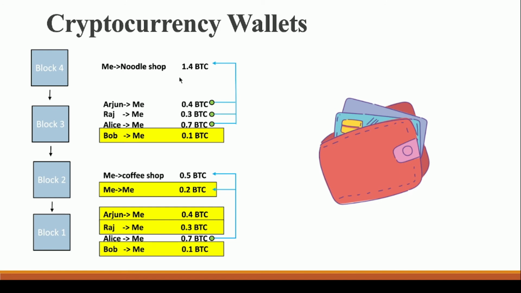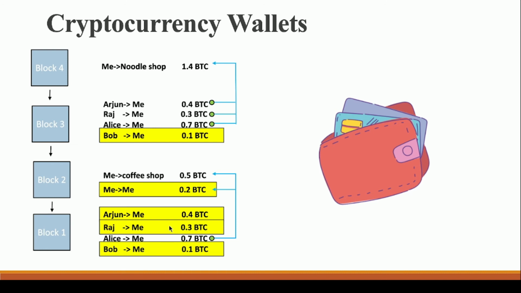Now, let us see how cryptocurrency wallets actually work, since we have this question of whether cryptocurrency wallets are storing our cryptocurrency or not. With the help of this example, it will be very clear that cryptocurrency wallets are not actually storing our cryptocurrencies.